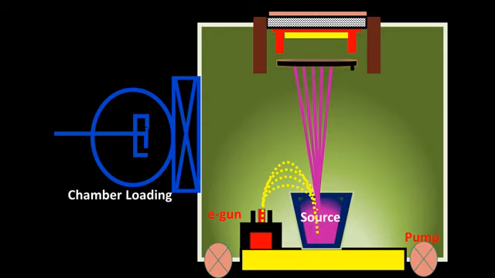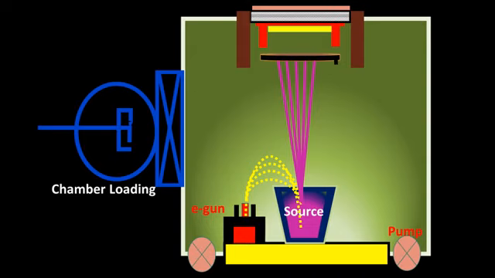Another aspect to note here is that a shutter is also present in the MBE system above the source material. It is also present near the substrate.